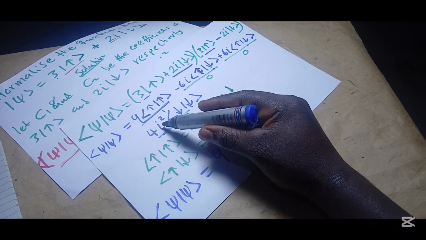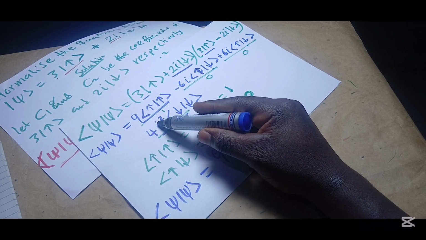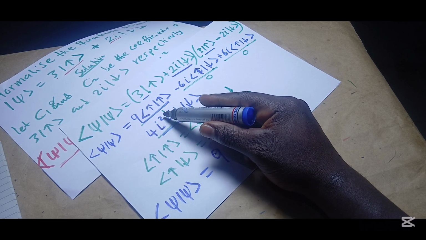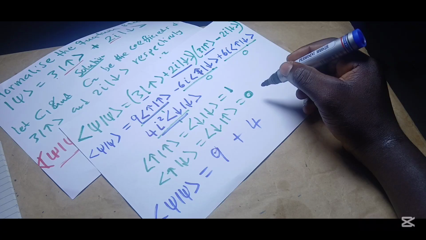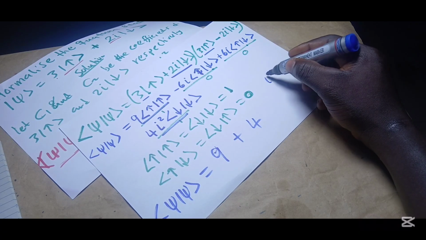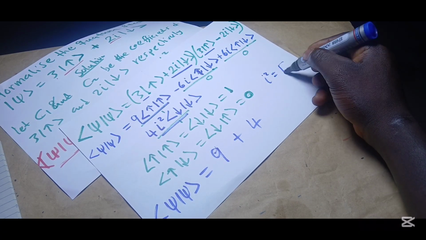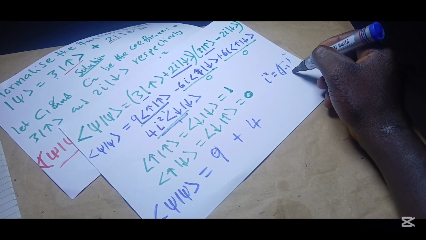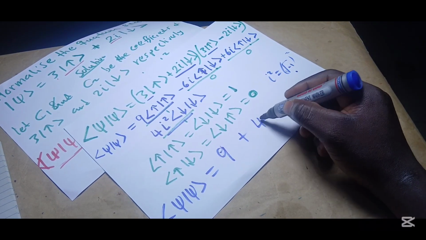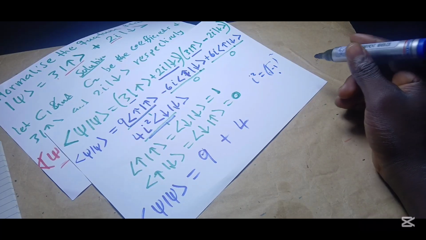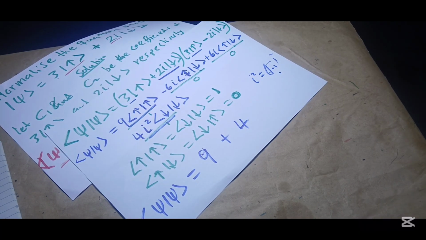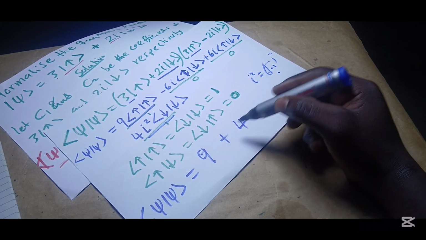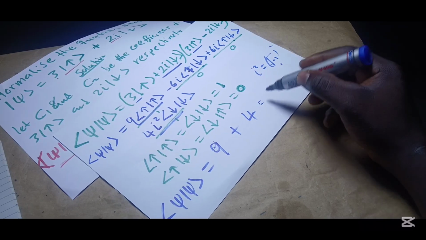Even though we have this term here to be 4i squared, we know that i squared is equal to square root of minus 1 all squared, so giving us minus 1, which will affect the 4, but we are interested in positive values. So this is going to give us 9 plus 4, which is 13.